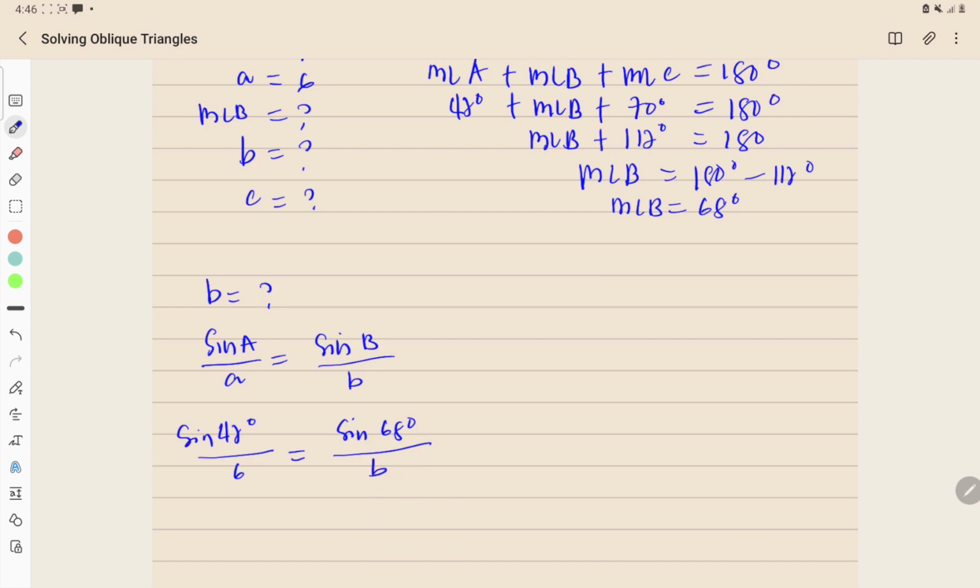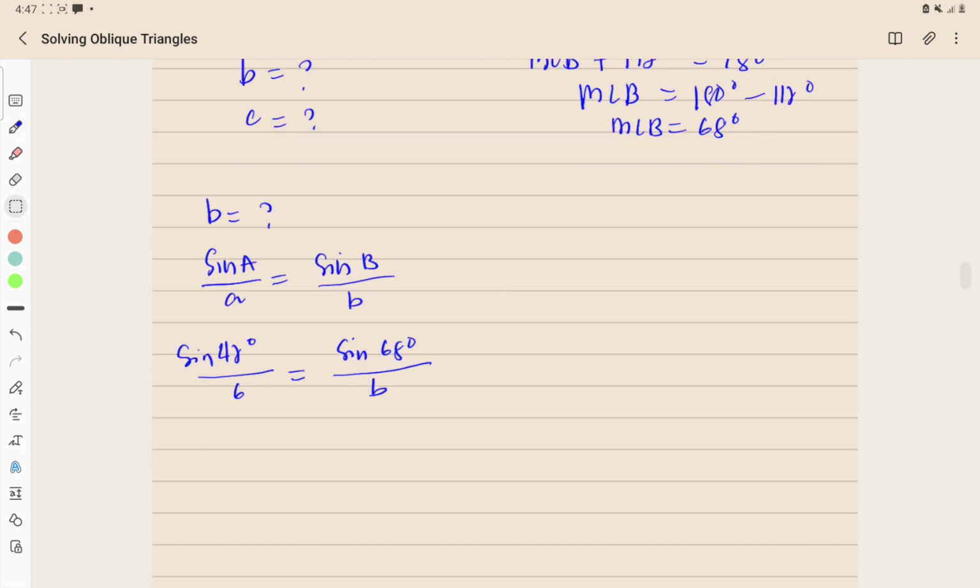Using your scientific calculator, you hit sine, then 42, then equals. You get 0.67 over 6. And sine 68 degrees equals 0.93 over b.